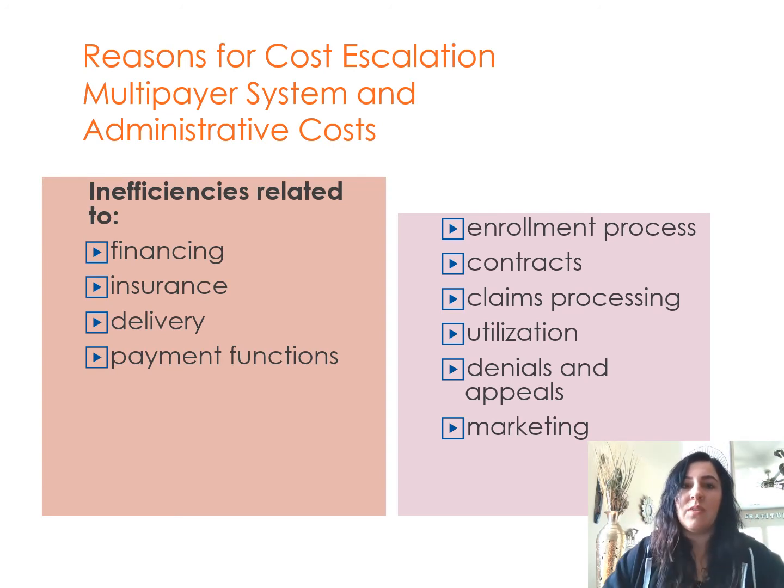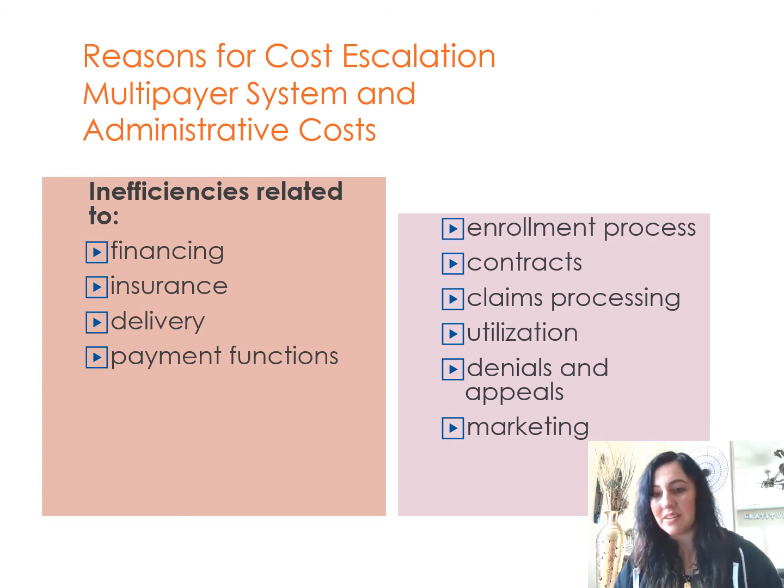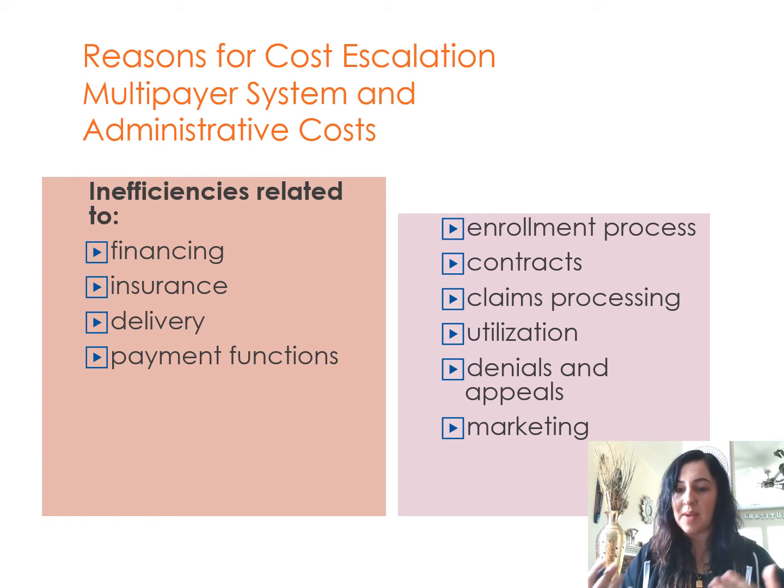Some more reasons for cost escalation: the fact that we have a multi-payer system and high administrative costs. Okay, so we have a multi-payer system. That means we have all these third-party insurance companies, managed care organizations, all these different ways that we pay, and every single different program or plan, they're all different.